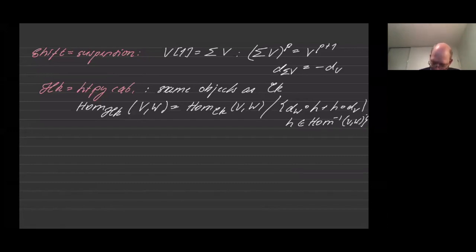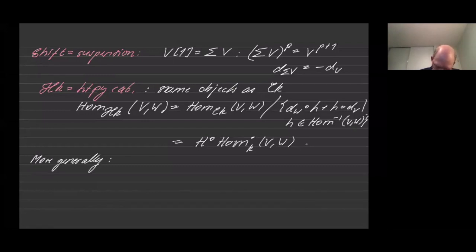And of course we can reinterpret this as the H0 of the morphism complex between V and W. And more generally, if we look at morphisms in the homotopy category between V and, say, the nth shift of W, this identifies with Hn, homology in degree n, of the morphism complex.